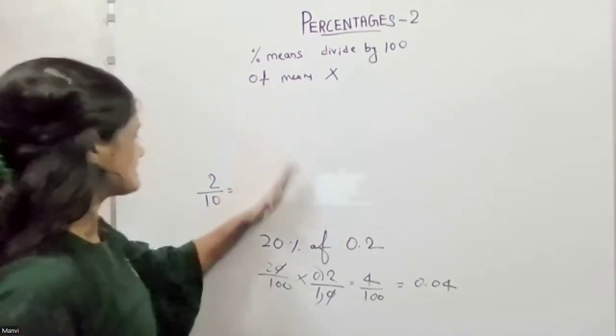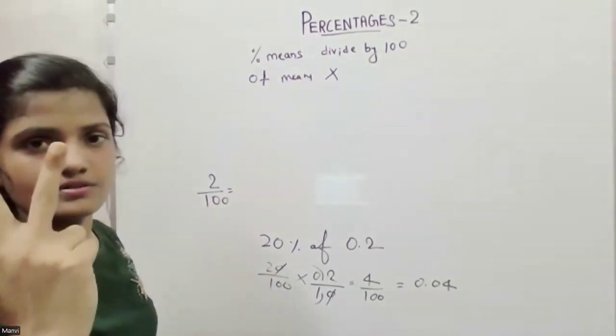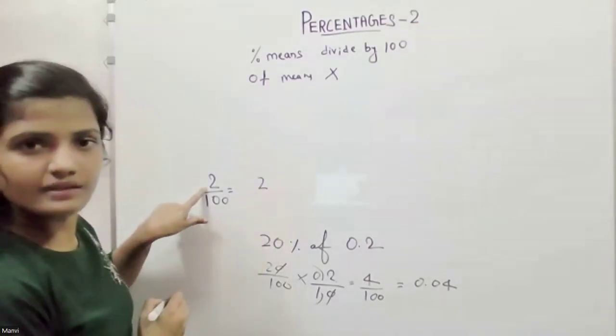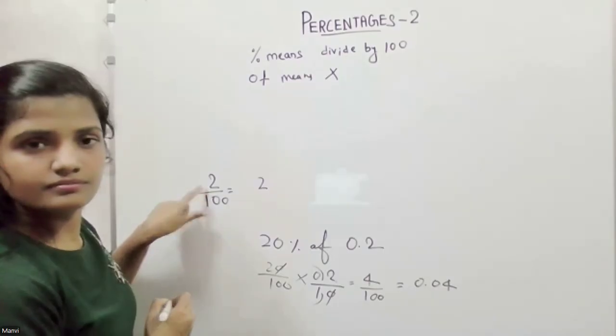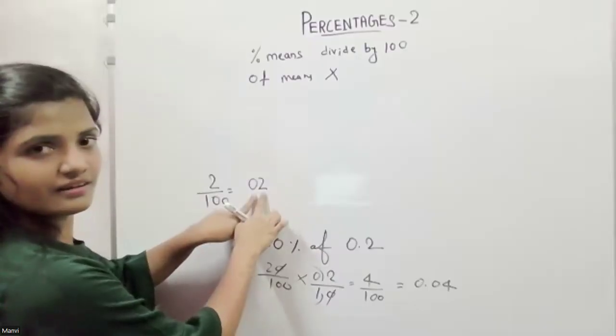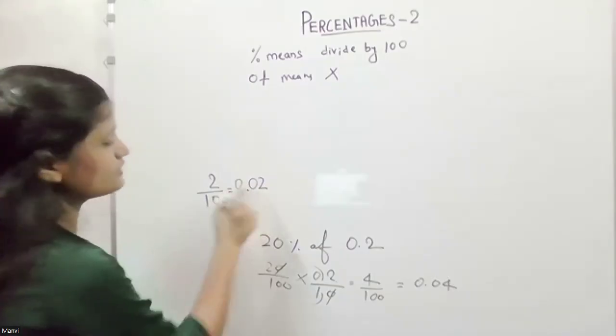If there are 2 0s in the denominator, then you need 2 decimal places. But you have just one digit, which is 2, so 0.02. Now we have 2 decimal places. Then we put the decimal point here, and the answer will be 0.02.